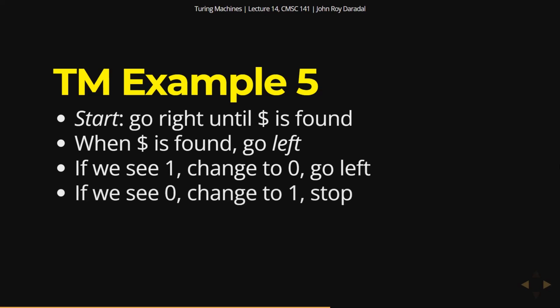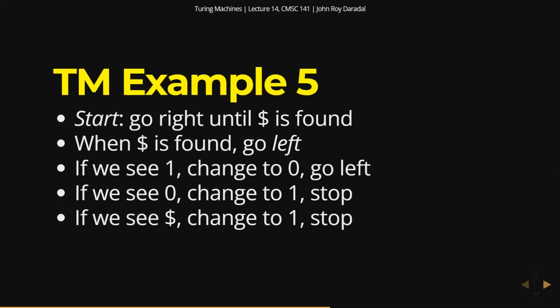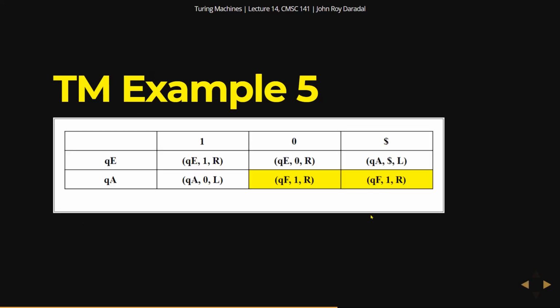If you see a 0, change it to 1 and stop, because 0 plus 1 is already 1 and there is no carry over. But if you see another 1, change it to 0 and go left still, so it will continue until we either see a 0 or the $ sign, meaning the start of the string. If it is the start of the string, we change it to 1 and then we stop. Okay, so that is how we add 1 to the end of the binary string.